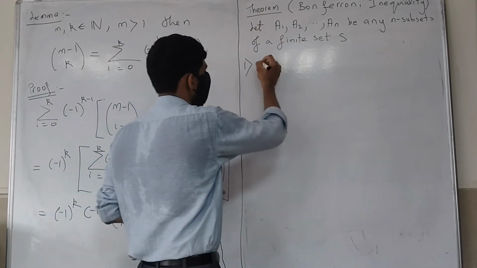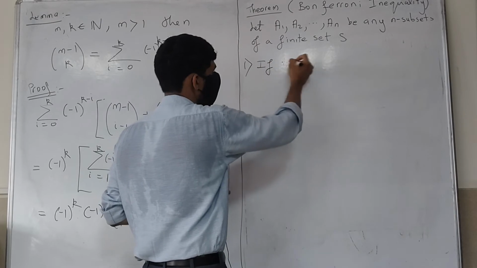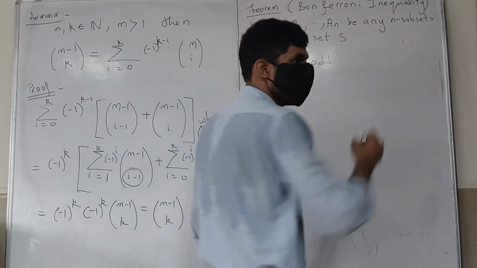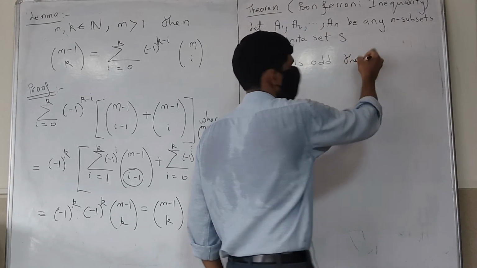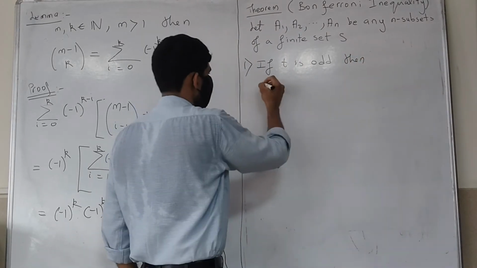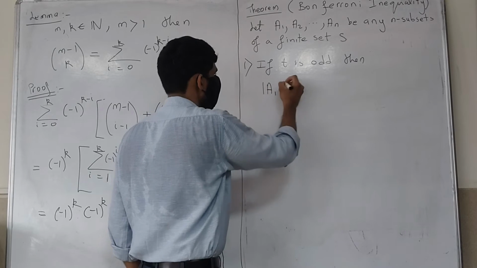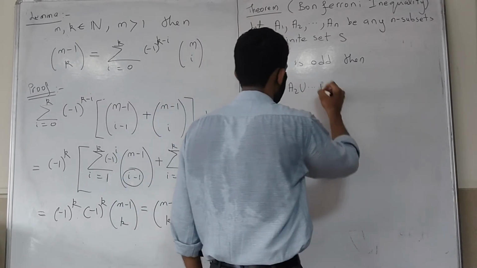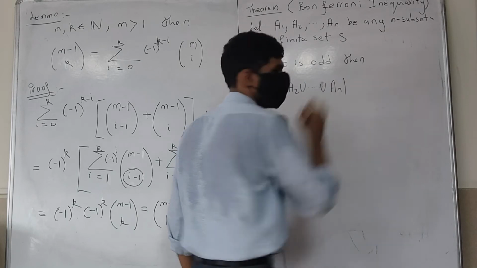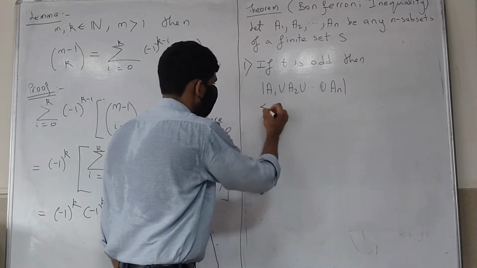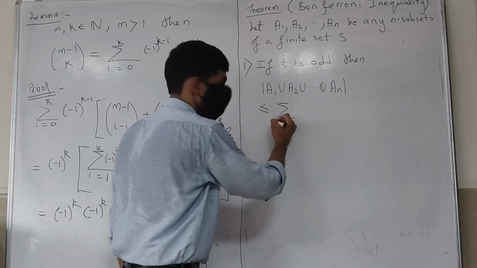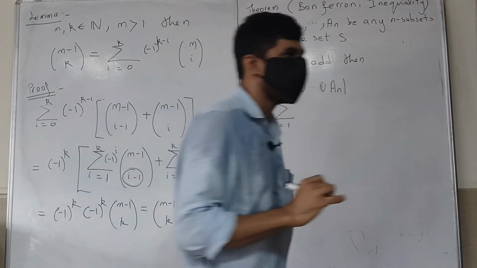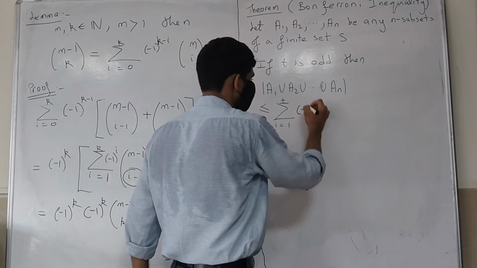So if t is odd, then A1 union A2 union up to An will be less than or equal to the summation i going from 1 to t. For any odd t, this will be less than or equal to, I'll tell you what this is exactly.